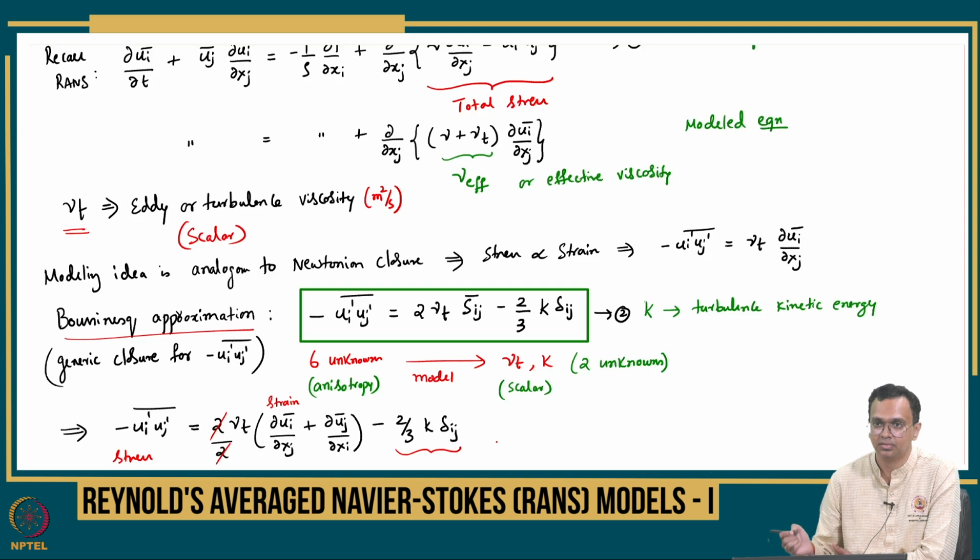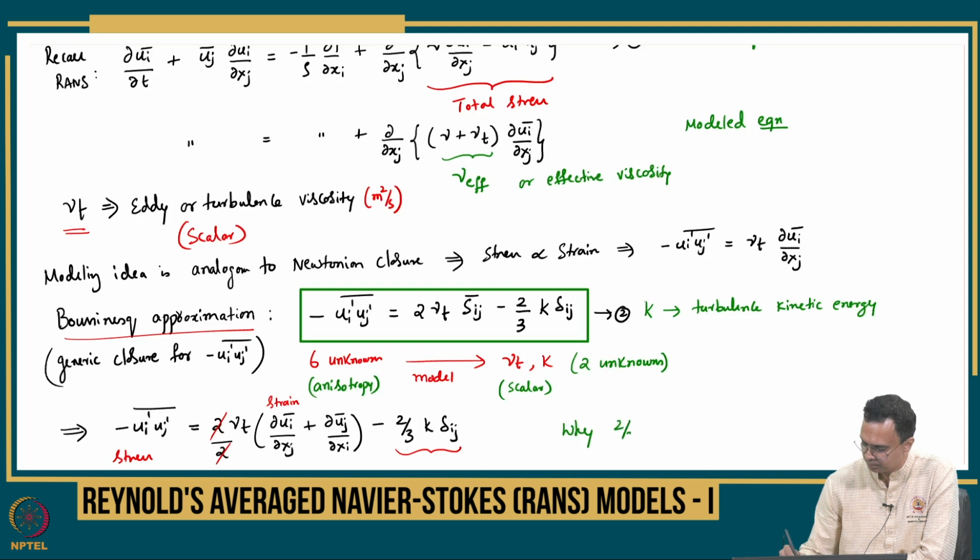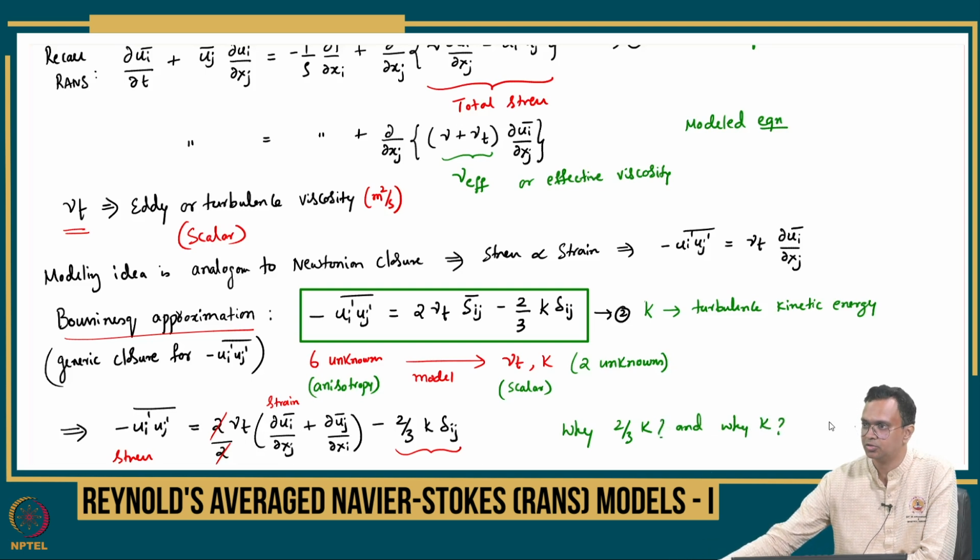You can model this by any other term. Why are we introducing this particular idea here? We will see why this has been introduced. This is not arbitrary, there is some thought process in this.